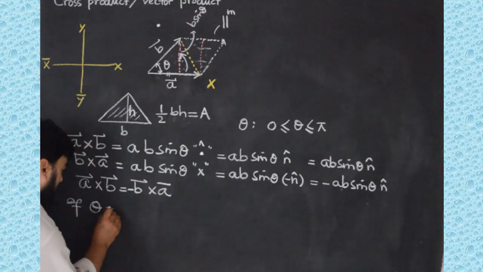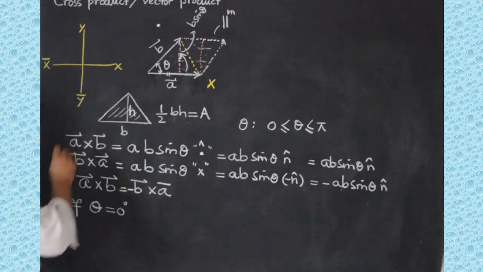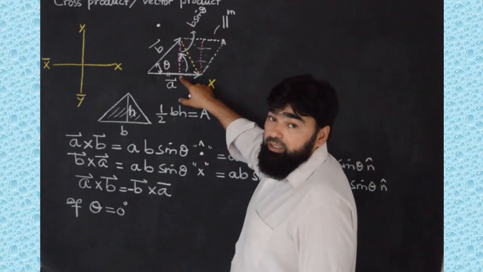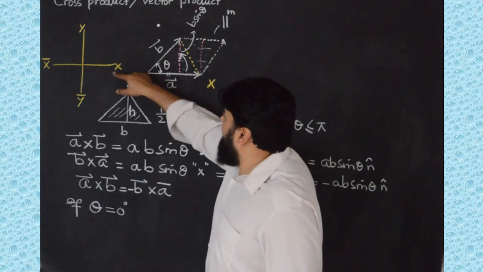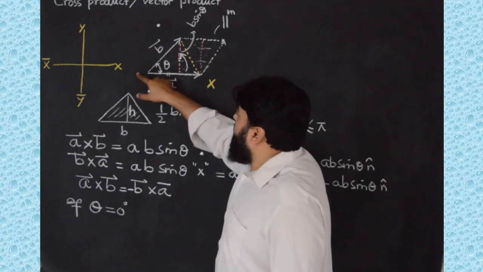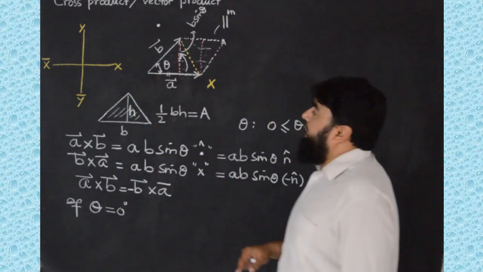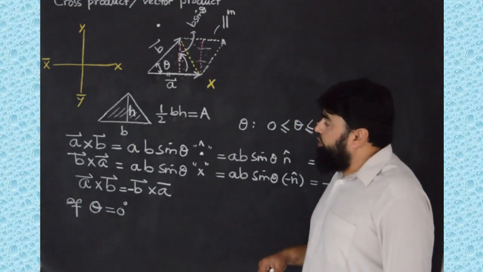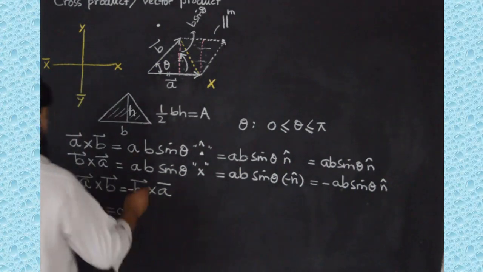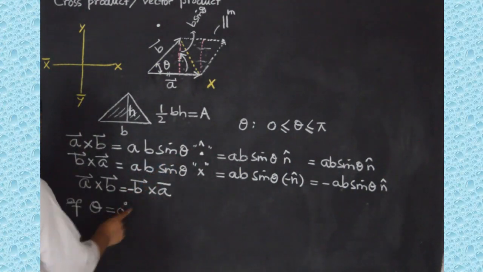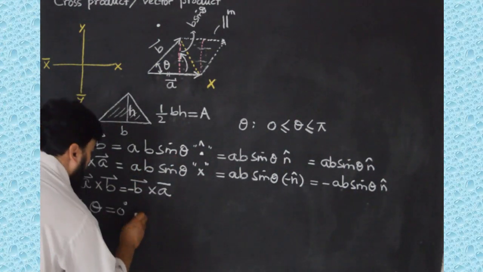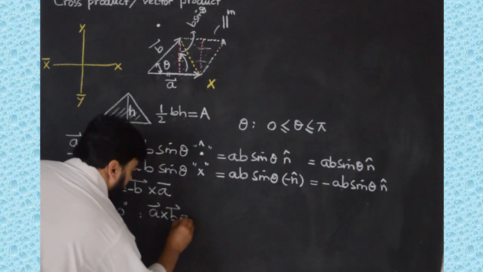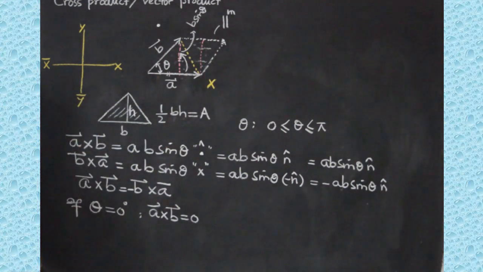If theta is equal to 0, it means this vector is exactly over this vector, or they are parallel to each other, then we cannot rotate one vector along the other vector, and that's why the rotation will give us 0. And if I put theta equal to 0, then sine 0 is 0, and I will get A cross B equal to 0.